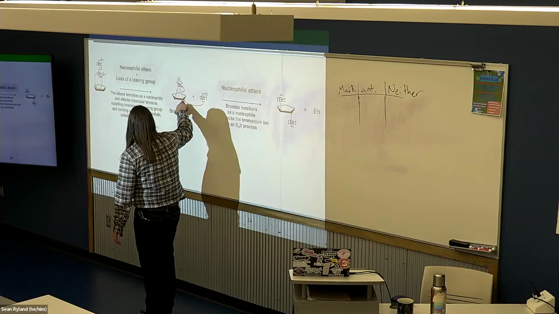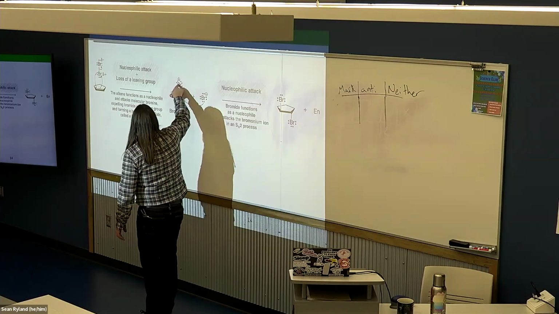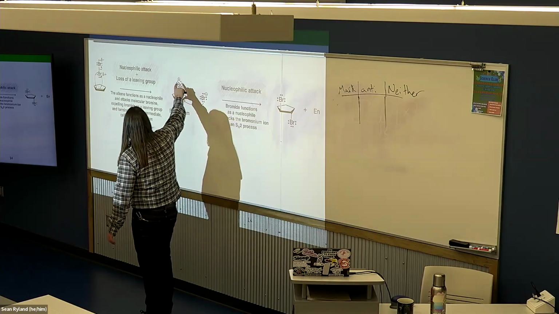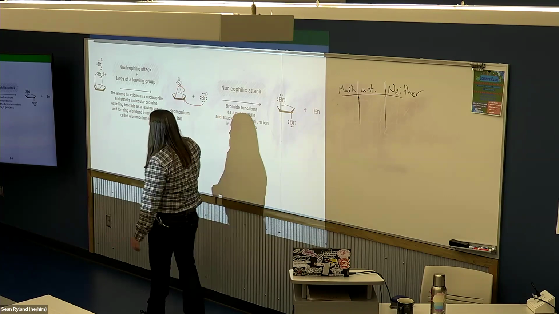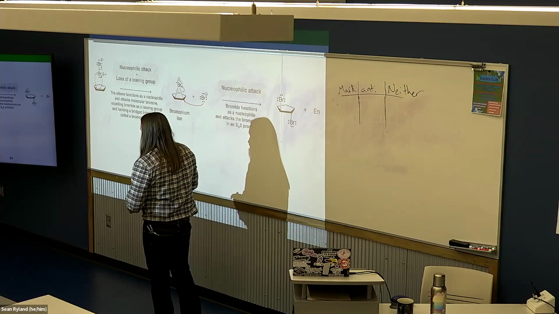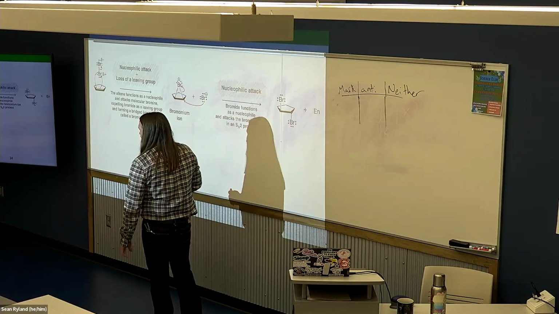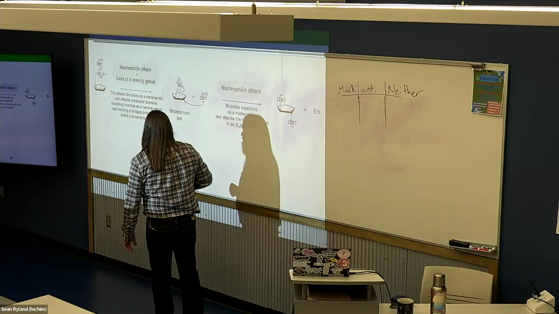So your bromide is going to come in and attack the carbon, which allows this strained bond to break. So it's effectively doing an SN2. That's the way you think about this.